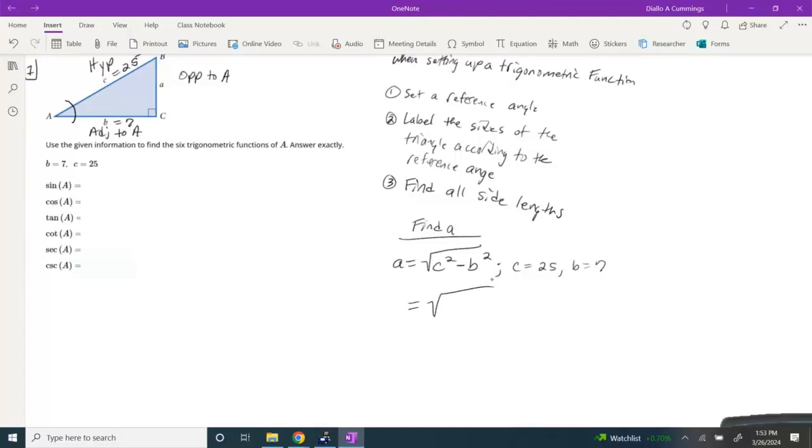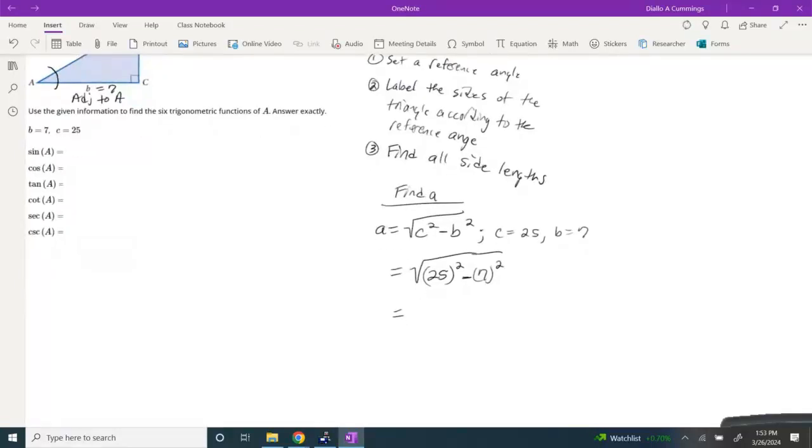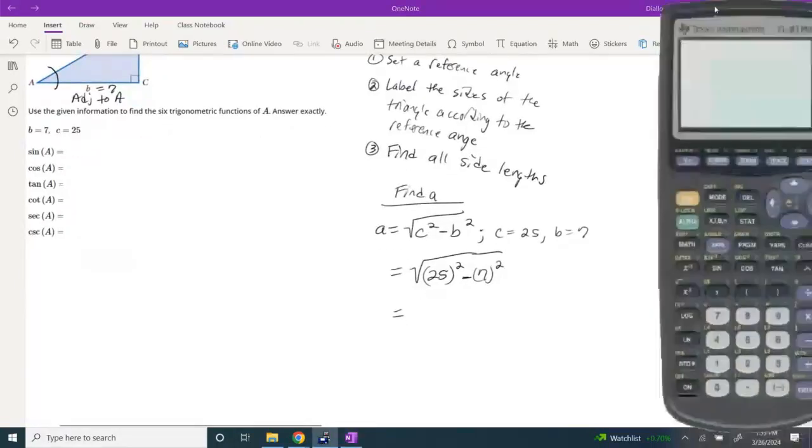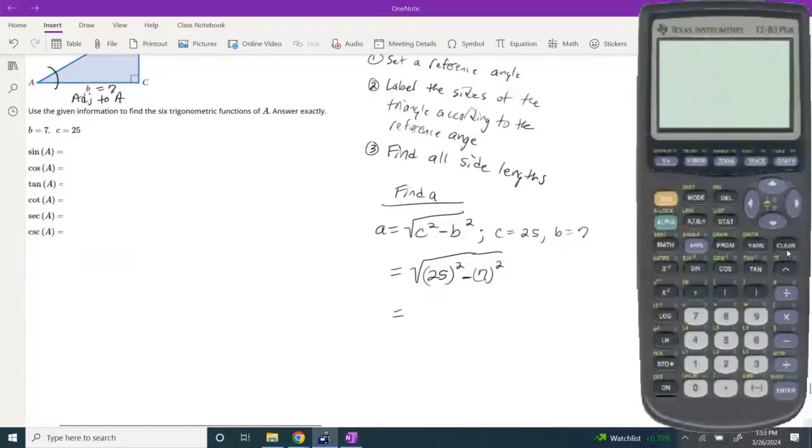So A is going to equal the square root of 25 squared minus 7 squared. So if we square 25, we get 625.